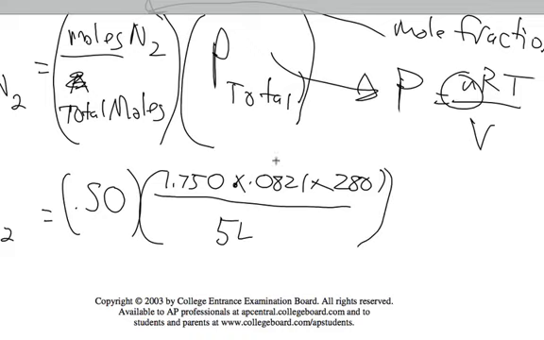Basically, half of the total pressure is going to be caused by the nitrogen because the mole fraction is half. When you do that all out, I believe we're going to get a pressure of 4 atmospheres.